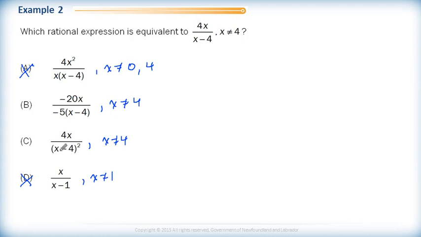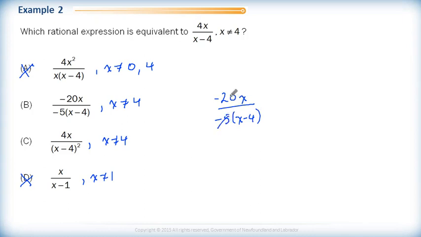One of those needs to simplify to the other. Let's try C. There's nothing we can do to simplify that any further, so that does not simplify to what we already have. Let's go to B. Negative 20x over negative 5 outside of x minus 4.